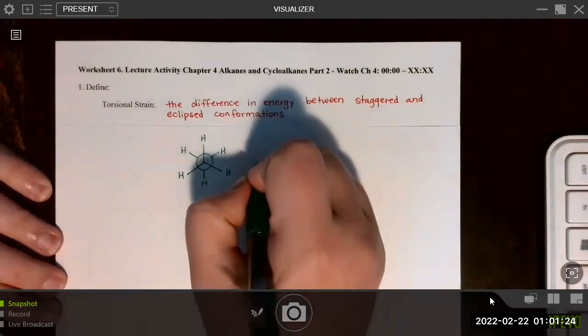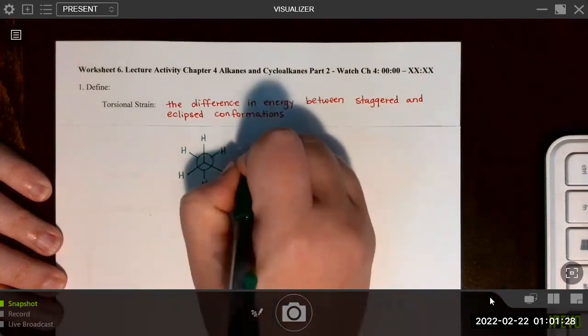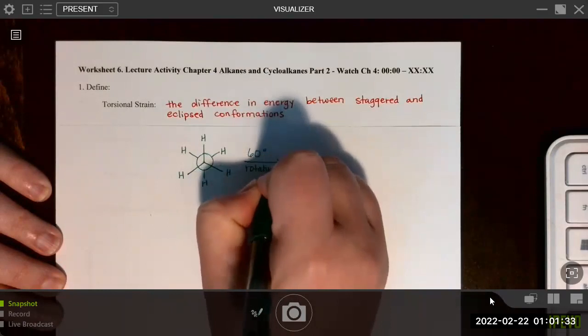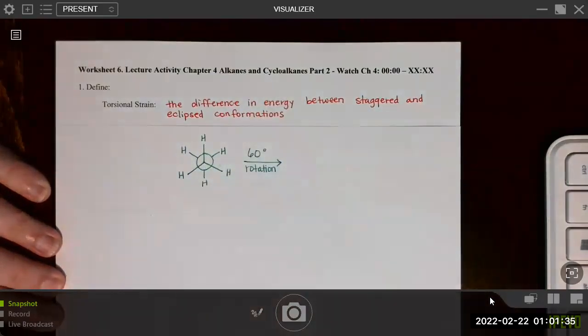And if we did a 60-degree rotation, we can rotate either the front carbon or the back carbon, it doesn't matter. And I think the book typically did a front carbon rotation, but I'll show you a back carbon rotation. And as well, you could rotate clockwise or counterclockwise, right? So any sort of 60-degree rotation would be okay here.